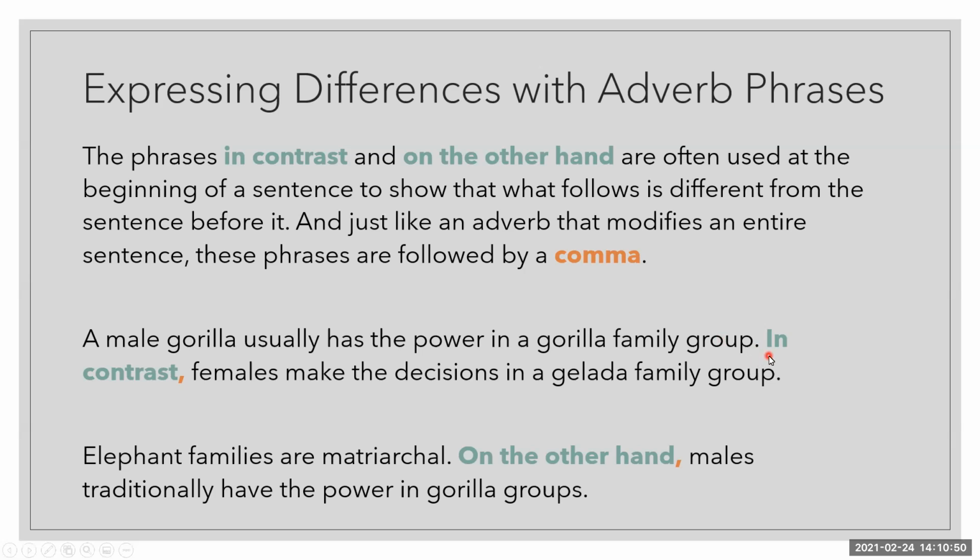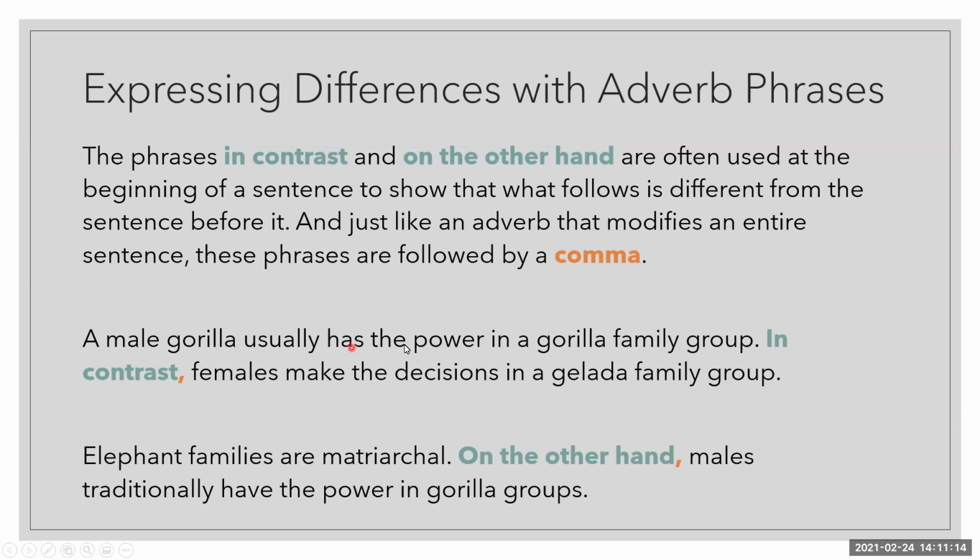So notice here, we begin the sentence with in contrast, follow it with a comma, and there's the rest of your sentence. And notice that it also is showing a comparison between the idea in the first sentence. We're comparing male gorillas and, in this case, female geladas.